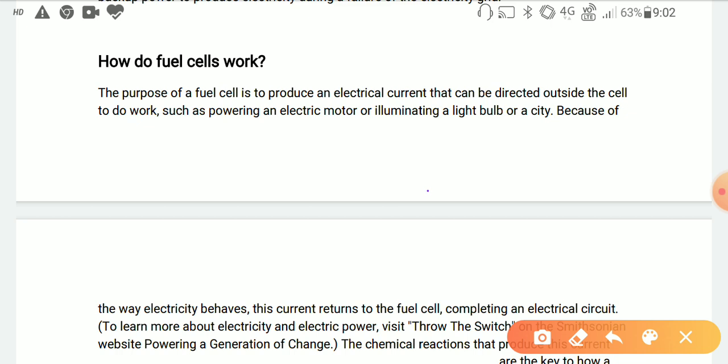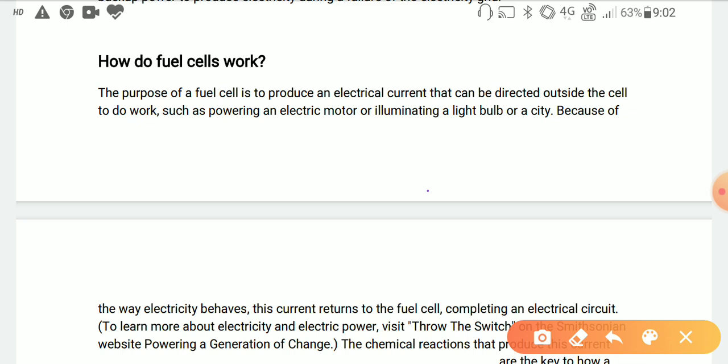Basically, hydrogen gas and oxygen gas are used as fuel for the fuel cell. The products of reaction in the cell are water, electricity, and heat.